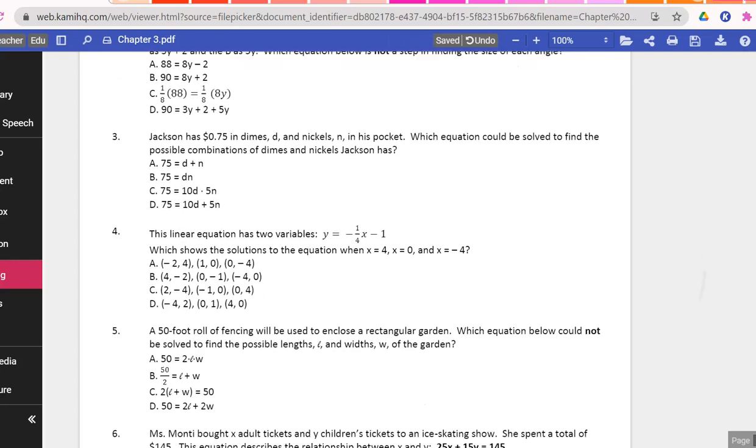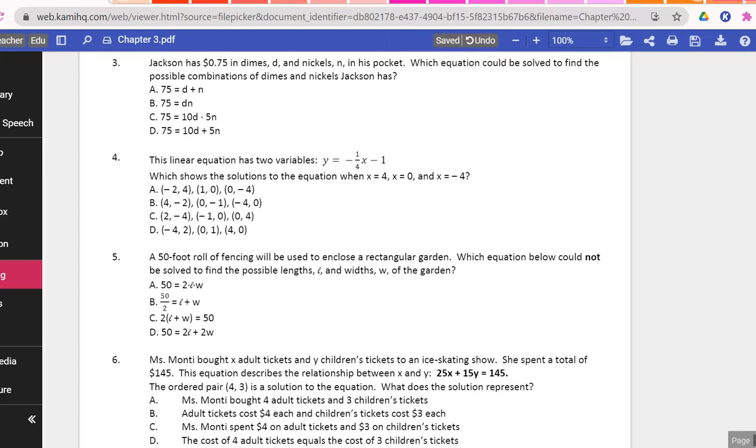We're going next to number 4. So you get a linear equation with 2 variables, y = -1/4 x - 1. And they want to know which shows the solutions to the equation when x equals 4, 0, and -4. Basically, all you have to do here is plug in these 3 numbers for x and figure out the corresponding y values, and write them as ordered pairs.